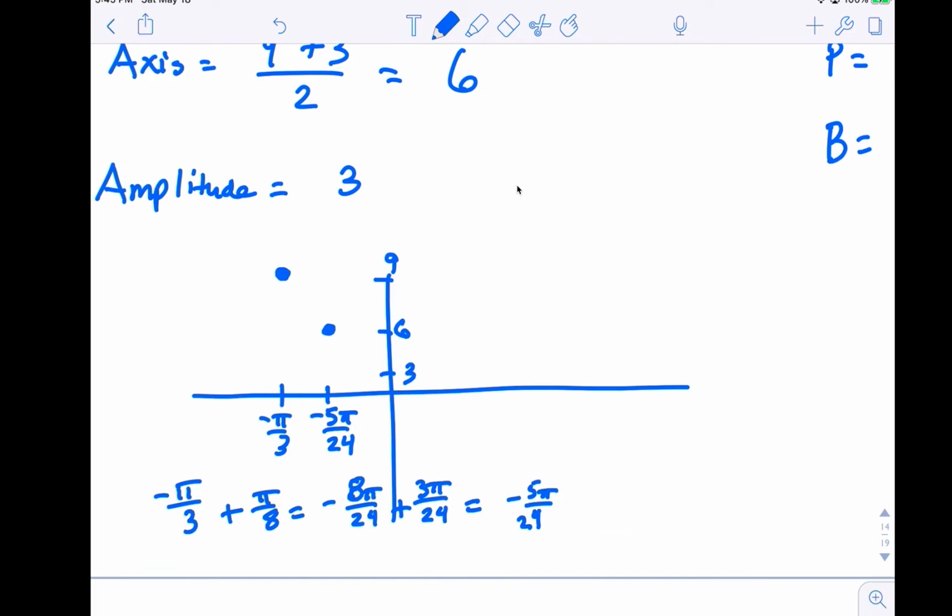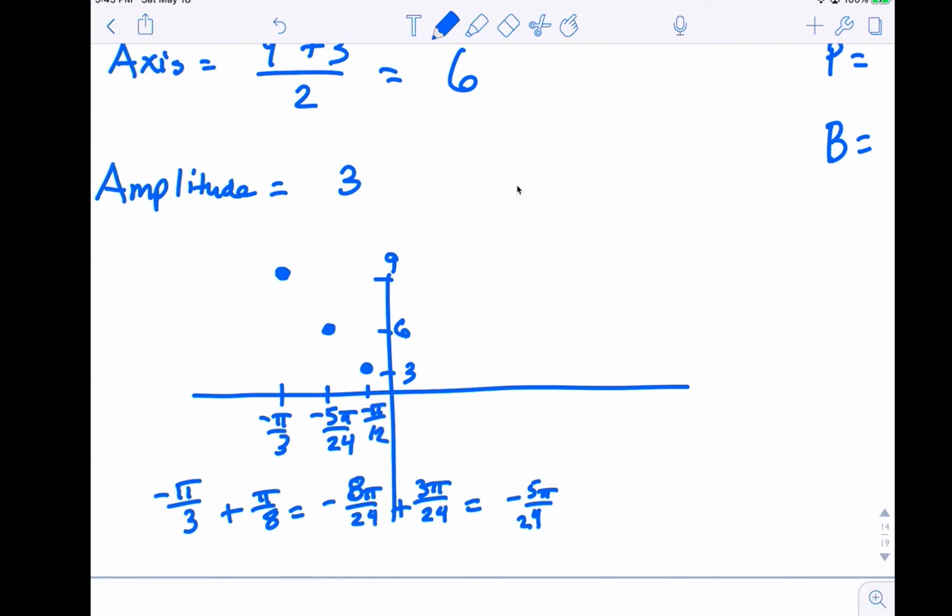So if I add another pi over 8, that's going to give me negative 2 pi over 24, which is negative pi over 12, which will go here.